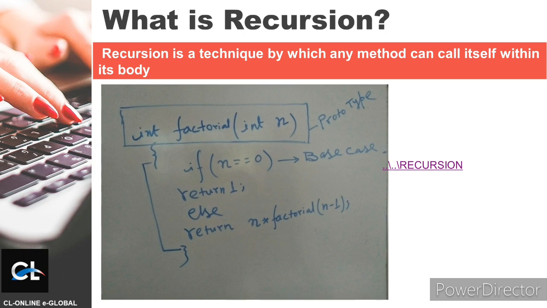So int factorial(int n), where n is a parameter. The first line of the method is the prototype. First we need to set a base case. If the base case is satisfied, then no further iteration is there. Very simple. We all know loop. Loop means iteration.